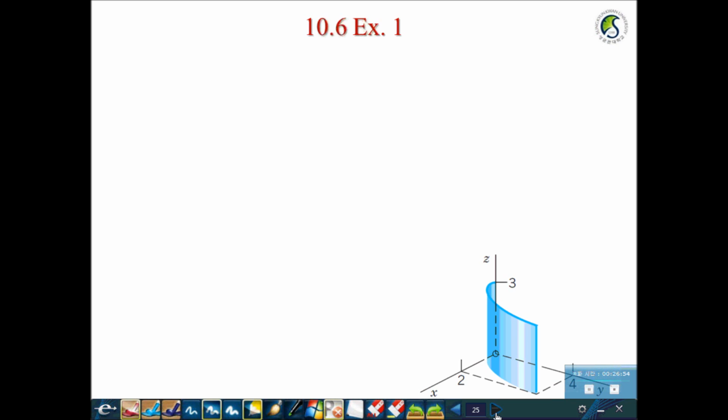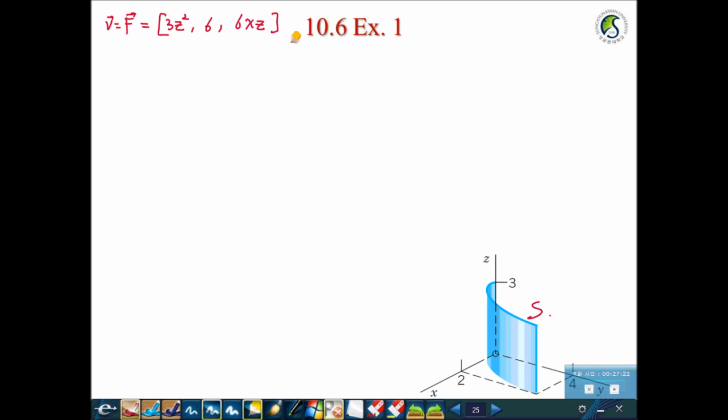Let's see example 1. So we have this surface, and we have a vector field like this. F is the velocity vector. The vector field is 3x squared, 6xz.